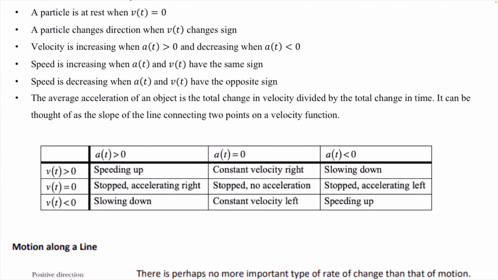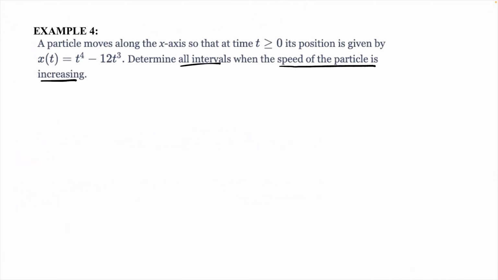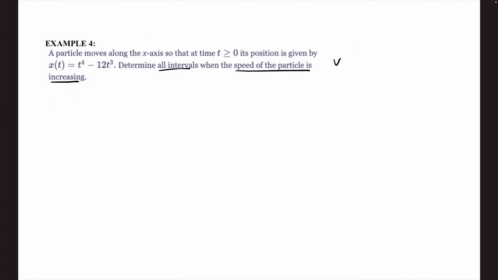All right, so let's write that down. v of t and a of t have the same sign.